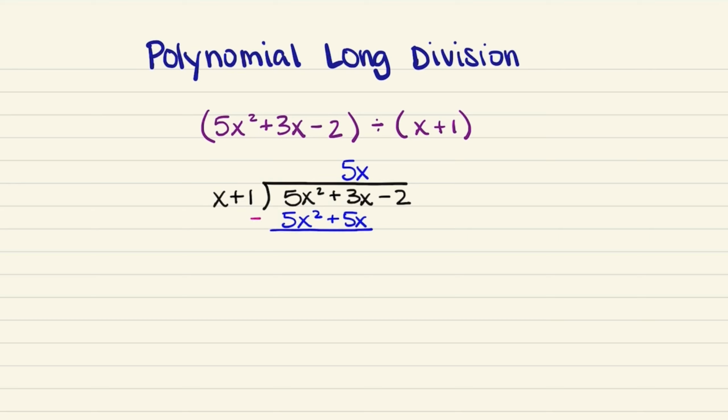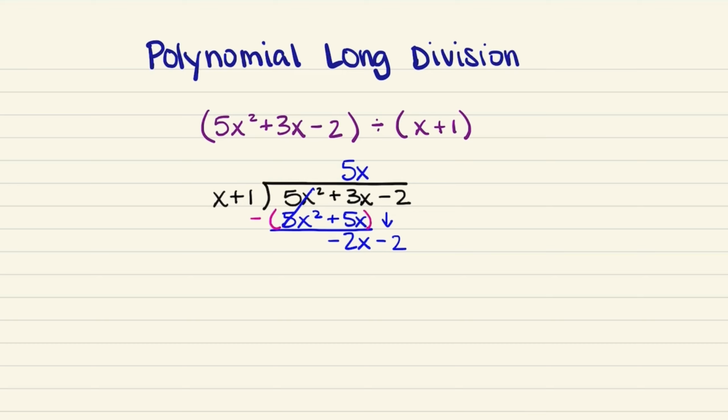I'm going to put a subtraction sign and put this in parentheses because that helps us remember that we're subtracting the whole thing. So 5x squared minus 5x squared cancels out. And then 3x minus positive 5x will give us a negative 2x. And then we bring down what's left, which is negative 2.